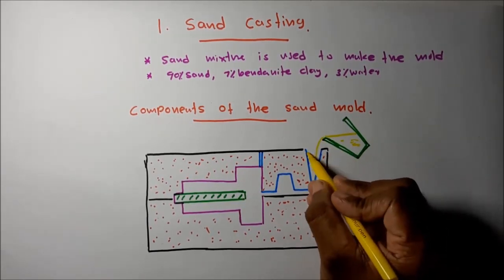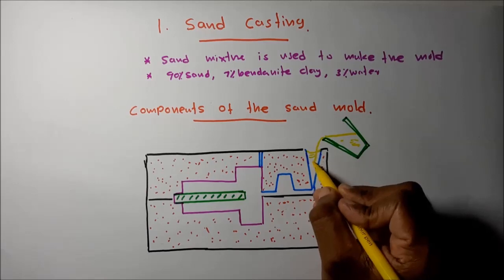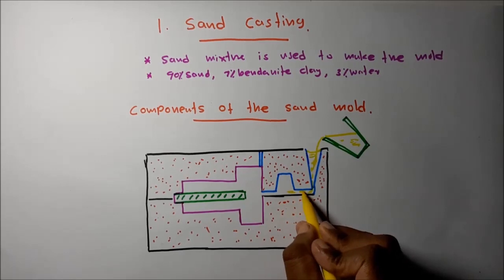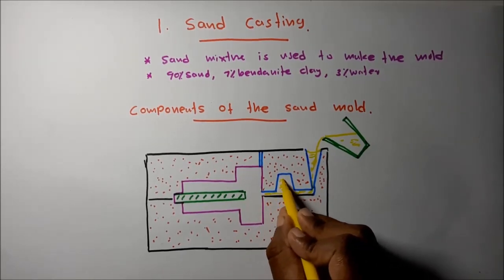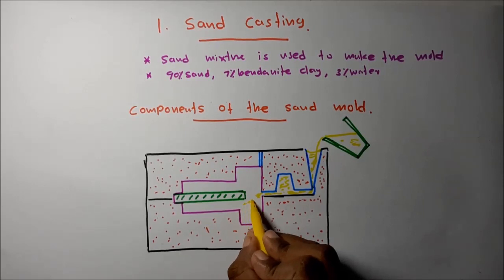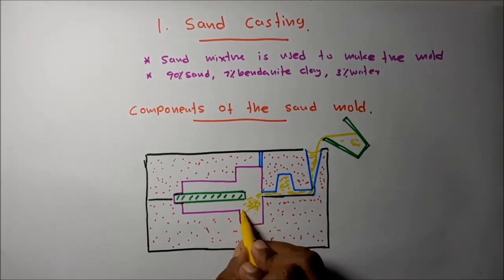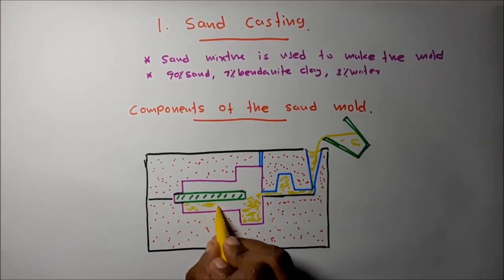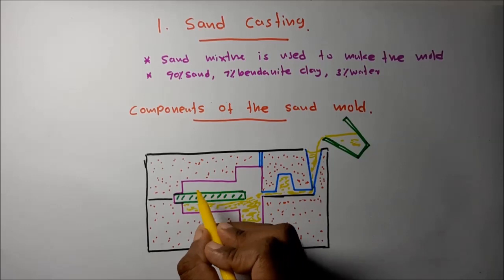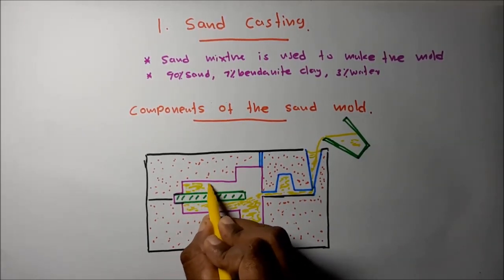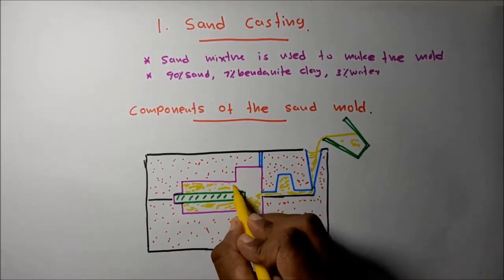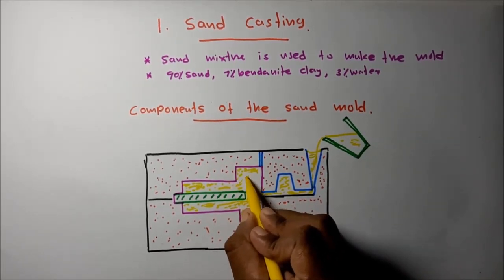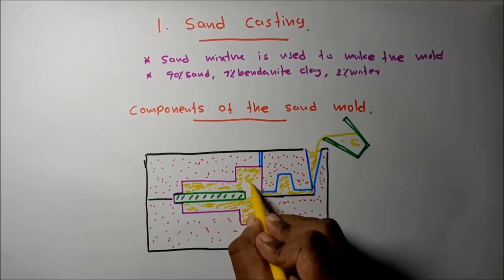When it is poured, the sprue fills with the molten metal, it passes through the runner system, the riser fills, and the molten metal enters the cavity. When filling the cavity, the trapped air escapes through the vent hole, and a certain amount escapes through the sand wall.